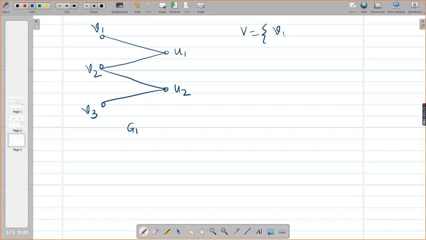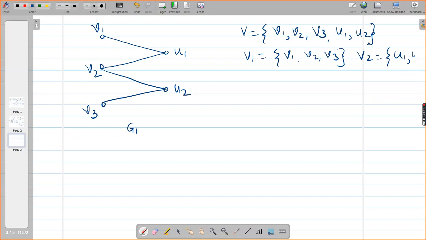V is V1, V2, V3, U1, U2, all the vertices of G. And now I'm making the partition: V1 is V1, V2, V3, and V2 is U1, U2. Now what do you observe here?